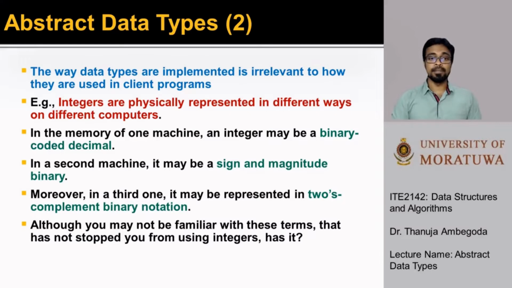So let's look at an example. Integers are physically represented in different ways on different systems. In one system, an integer may be represented by a binary coded decimal. On another system, it may be a sign and magnitude binary. On another system, it may be represented by 2's complement binary notation.